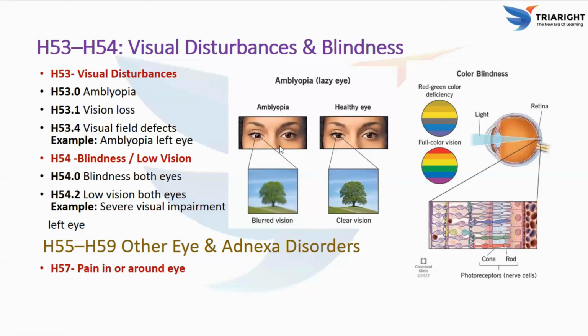So the next category is H55 to H59, the other eye and adnexa disorders. Under this you have the H57 category code, which is pain in or around the eye. So pain originating from the eye itself or the tissues around the eye. For example, it is caused by infection, inflammation and also injury.